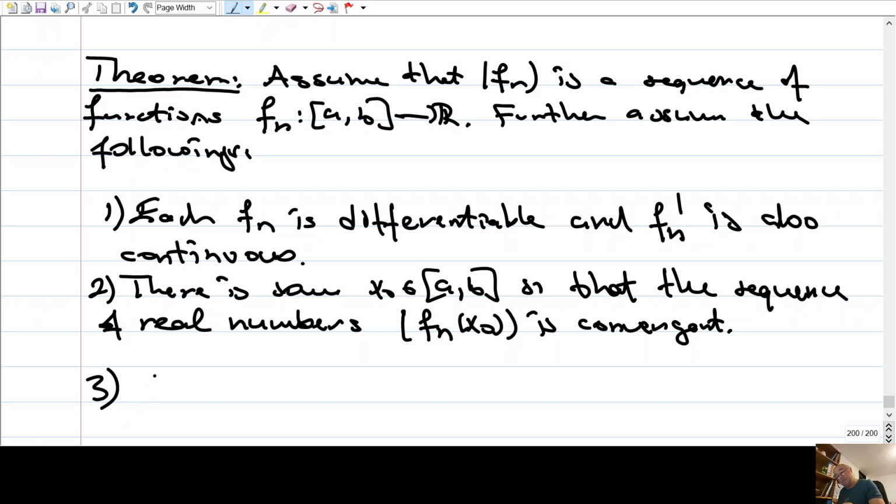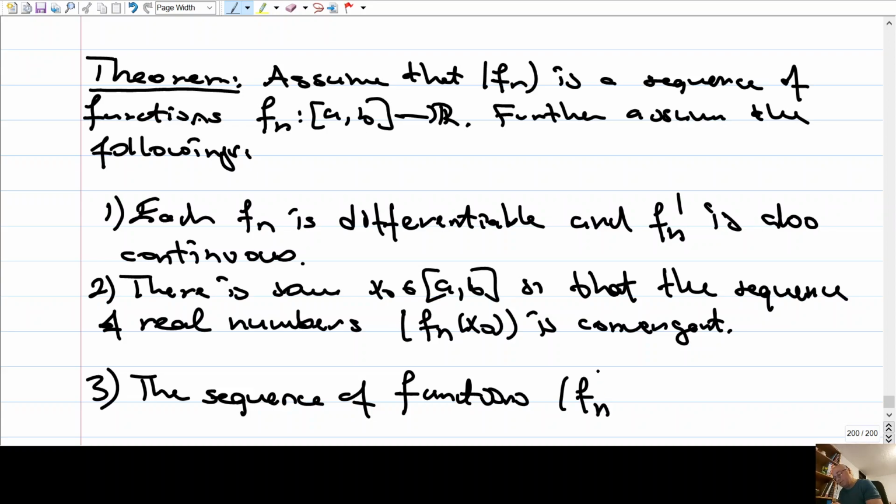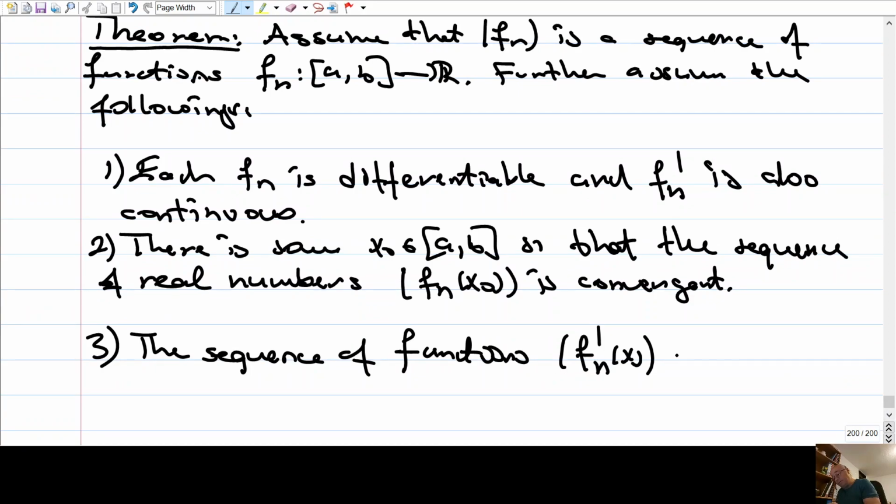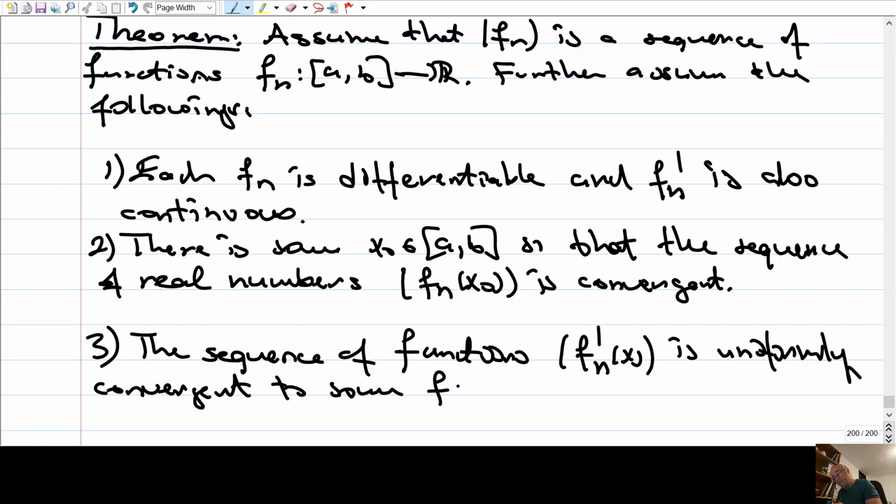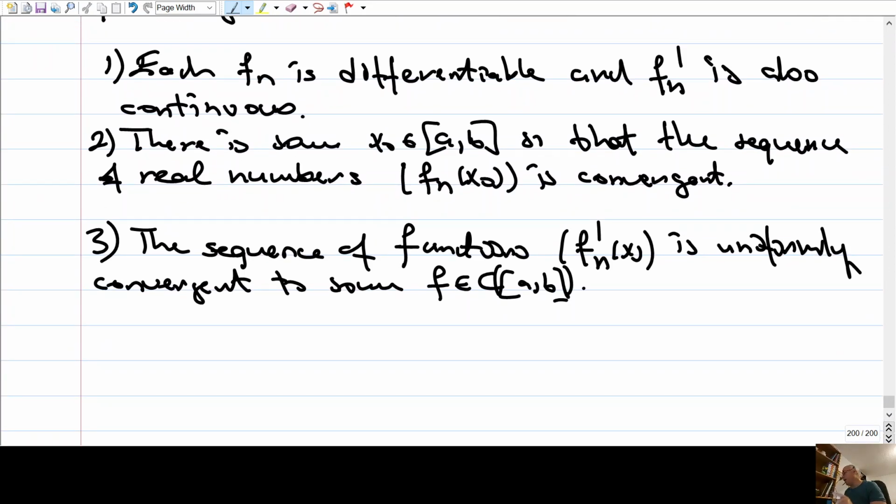The sequence of functions, this function sequence, the derivatives, these are also continuous by assumption, is uniformly convergent to some g. Okay. Then the conclusion is this.